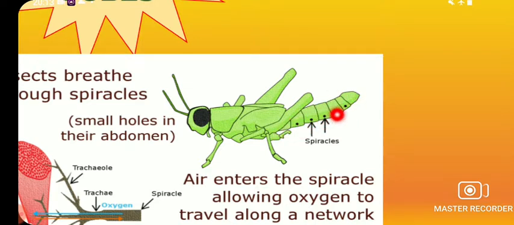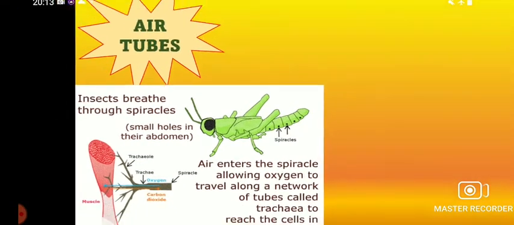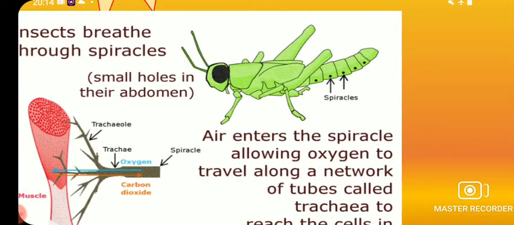Air enters the spiracle, allowing the oxygen to travel along a network of tubes which is called the trachea. Then through the trachea it reaches the cells of the insect body. You can see in the diagram that this is known as the trachea.